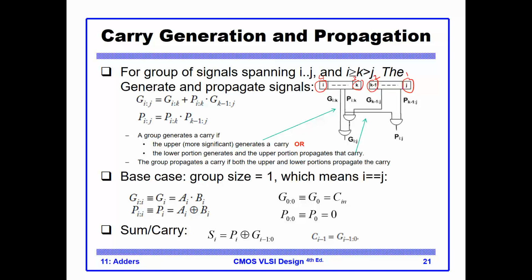Now we can say that I can generate the carry for the entire range from bit I to J, given the information about the generation of a carry from I to K, or if I know that I generate the carry from the previous range of bits, and I know that I can propagate it.